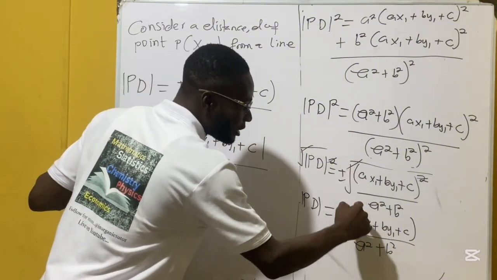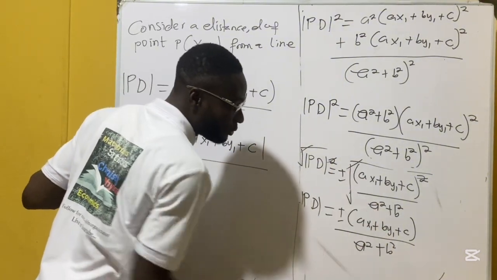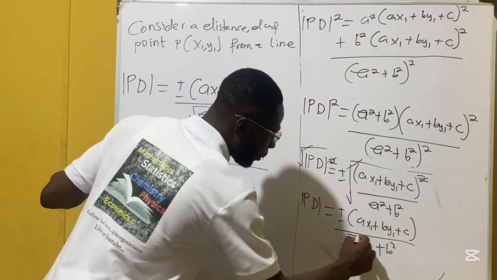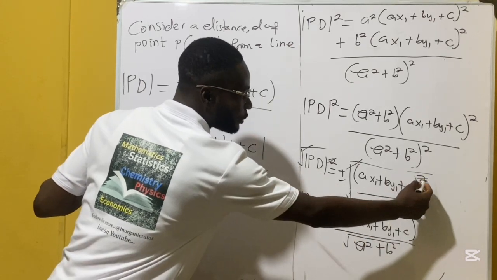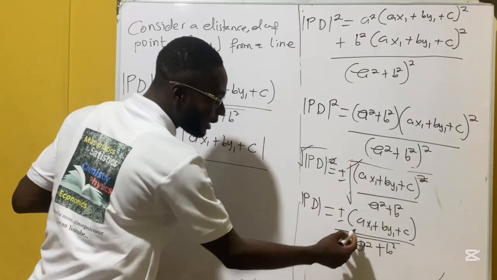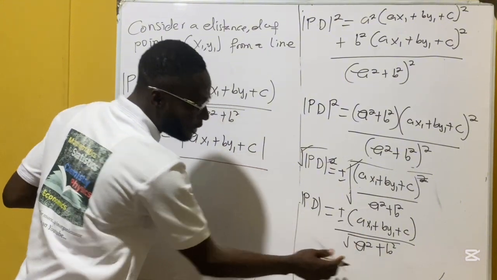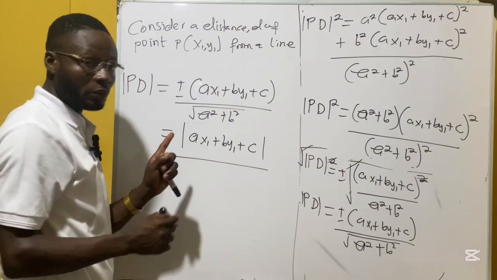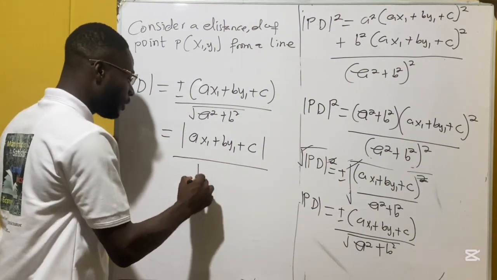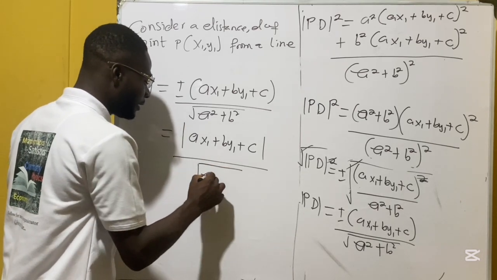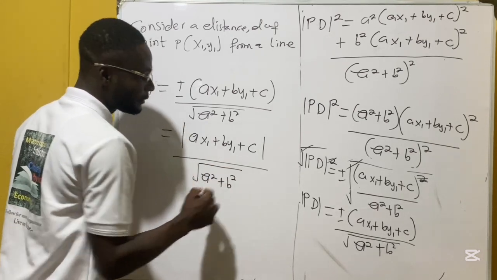Square rooting both sides means that the square root affects both the numerator and denominator, right? So once there is a square here, this takes the numerator, and the denominator maintains the square root, so all over the square root of a squared plus b squared.